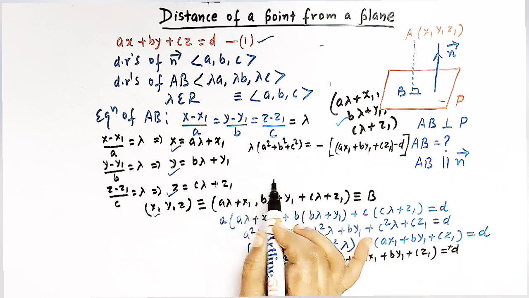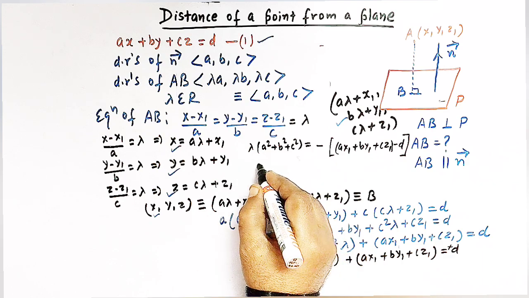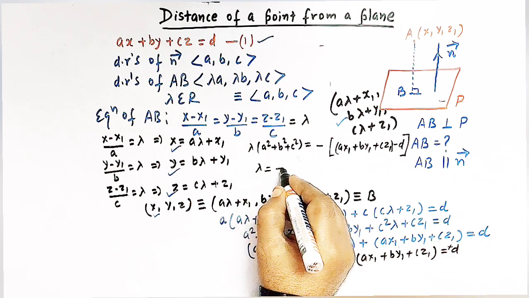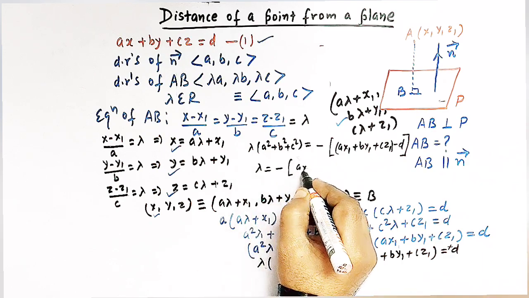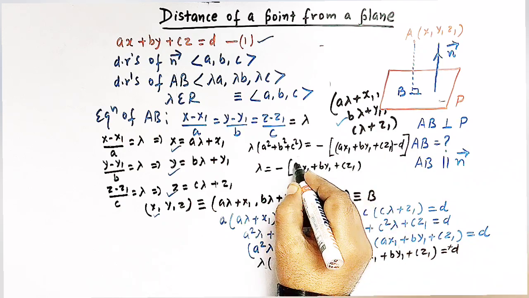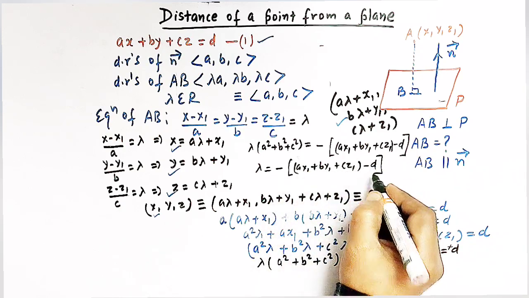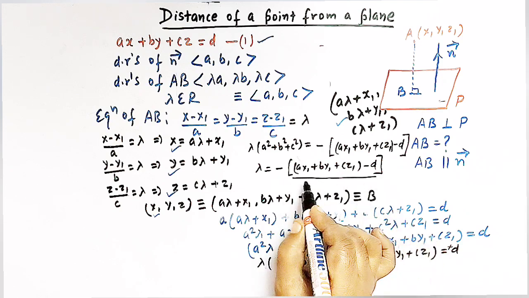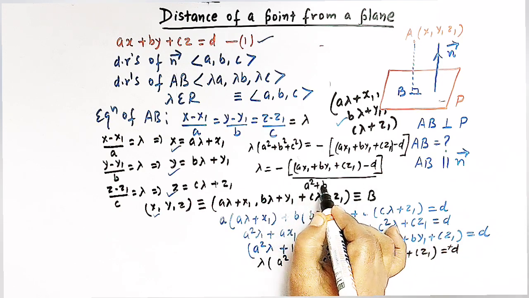So let us write now lambda is equal to minus ax1 plus by1 plus cz1 minus d divided by a square plus b square plus c square.